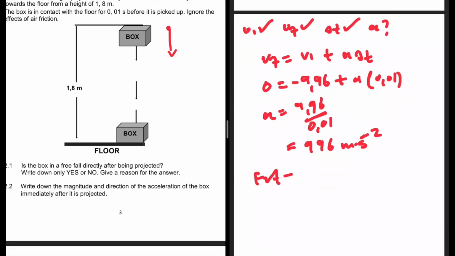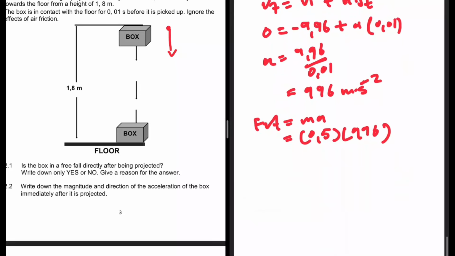So F net will be equals to ma. What is the mass? 0.5. The acceleration 996. I don't have to put the SI unit there. Right, so there we go. So 0.5 multiplied by 996. I actually don't have a calculator, so I have to do this by hand.